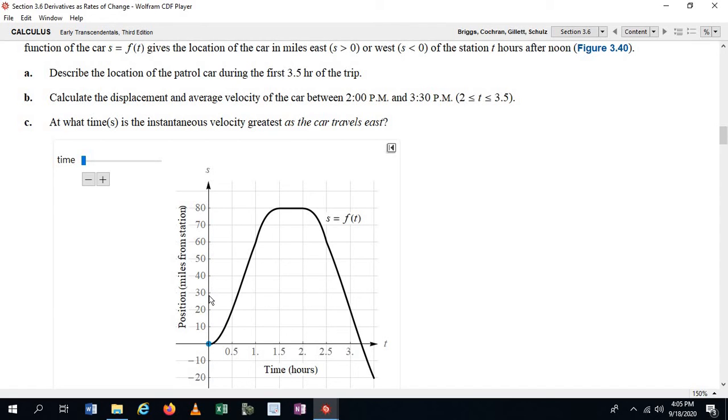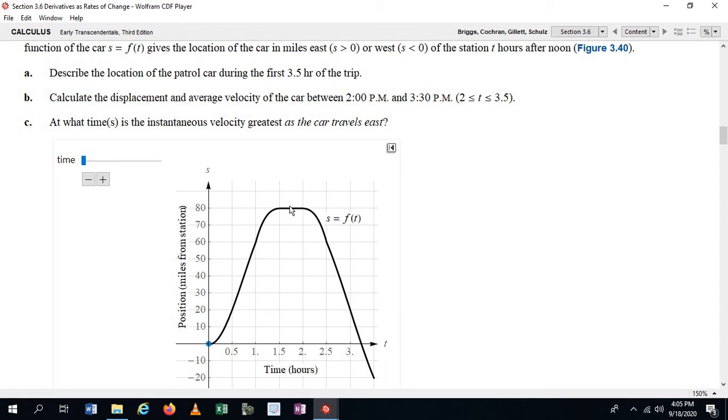So it's heading east initially. It starts off at 0, which is where the police station is, and then it heads towards a position of 80 for the first hour and a half. So it's heading east the first hour and a half.